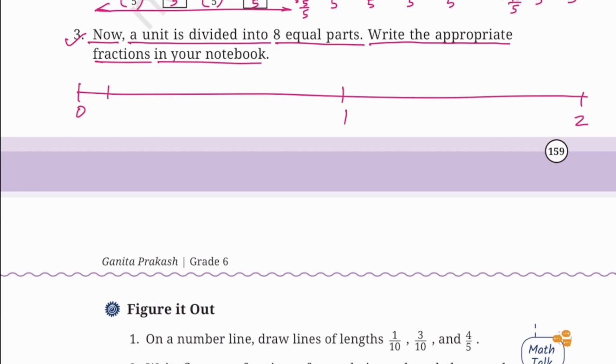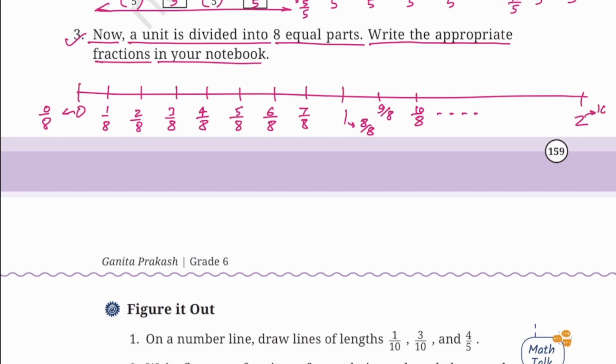Unit length has been divided into 8 equal parts like this, such that this is 1 upon 8, this one 2 upon 8, 3 upon 8, 4 upon 8, 5 upon 8, 6 upon 8, 7 upon 8 and 8 upon 8 for 1. Similarly 9 upon 8, 10 upon 8 and so on. 0 can be written as 0 upon 8, 2 can be written as 16 upon 8.